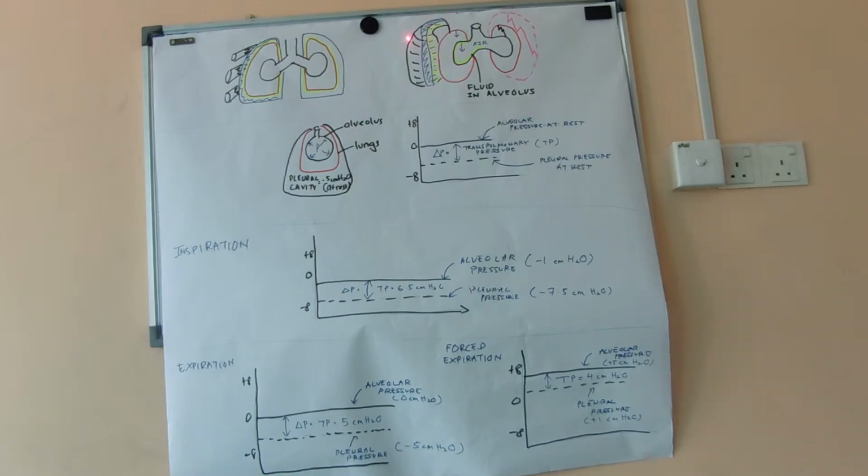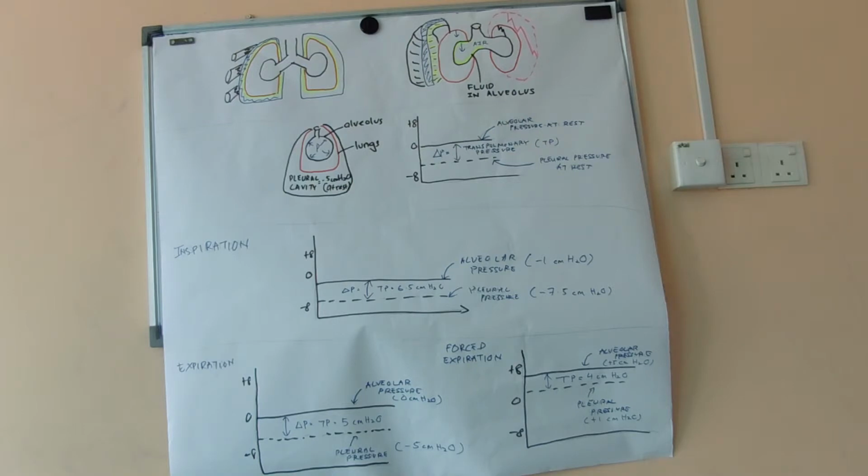The pleural fluid is always subjected to both opposite forces. I'll talk about this in a while. First of all, there are two forces that act on the lungs. First, the inward force that always tries to collapse the lungs, which is provided by the total recoil.